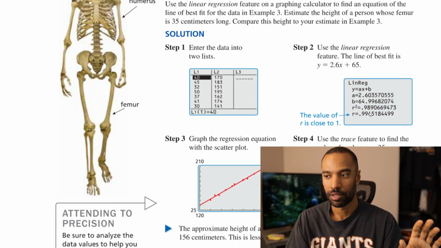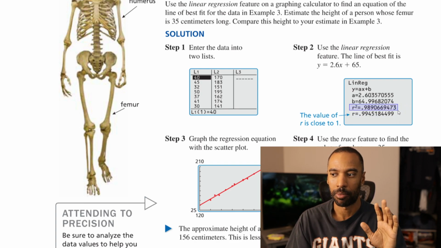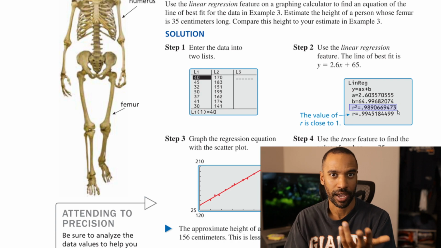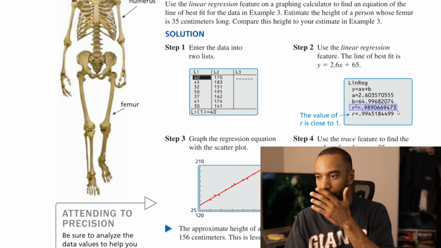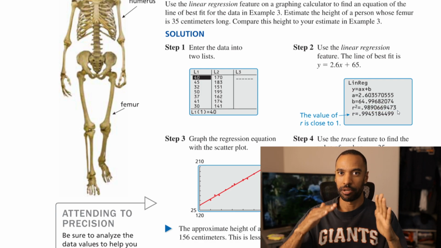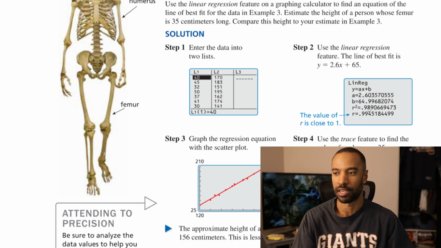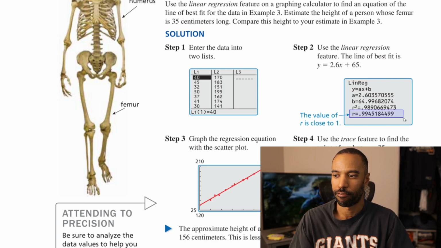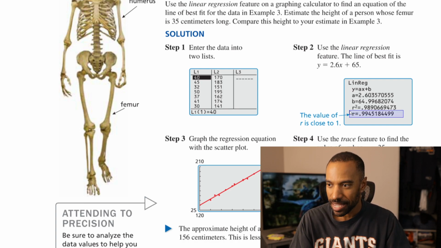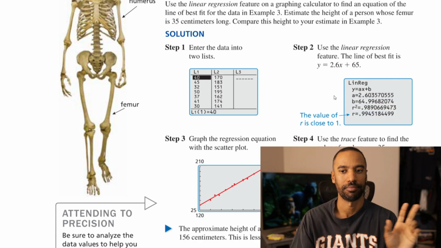It does literally mean squaring R, but R squared actually has meaning to the number. If I said 0.99, it would mean 99% of your data can be explained by the link between these two things, and the other 1% could be explained by something else. The 0.9945, etc., is not a number that actually means anything. It just indicates strength of correlation. Anyway.